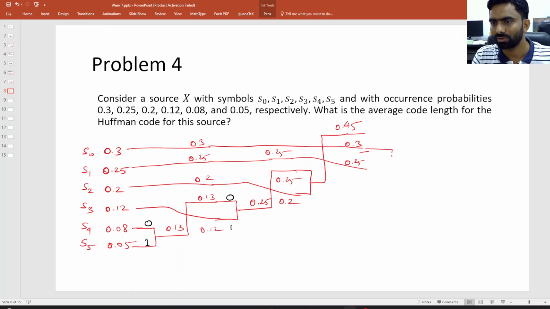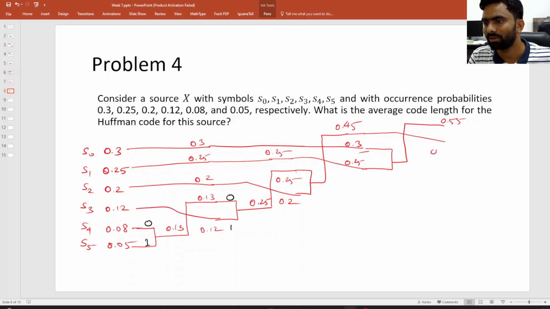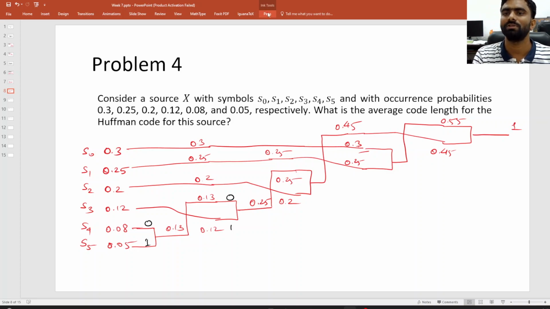Combining them we get 0.55, and 0.45 will be here. Further combining them you will get 1. This is the final step. So 1, 0, 1, 0, 1, 0.